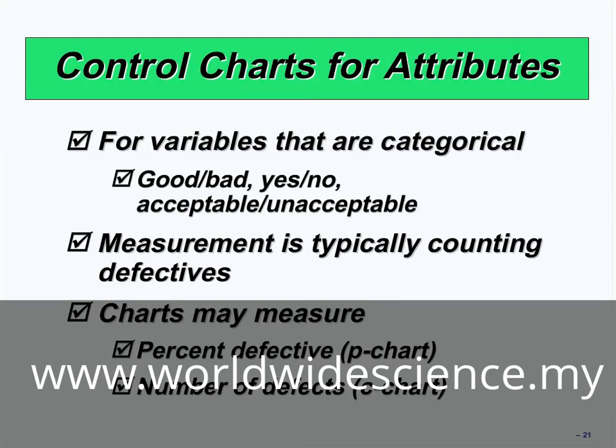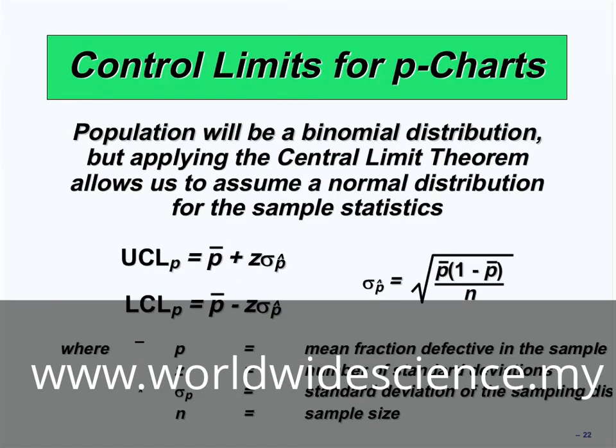It's different from the X bar chart and R chart. Let me explain, you will understand better. For example, in the P chart, the population will be a binomial distribution, but applying the central limit theorem allows us to assume a normal distribution for the sample statistics.